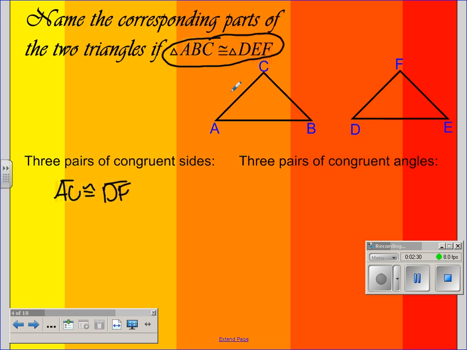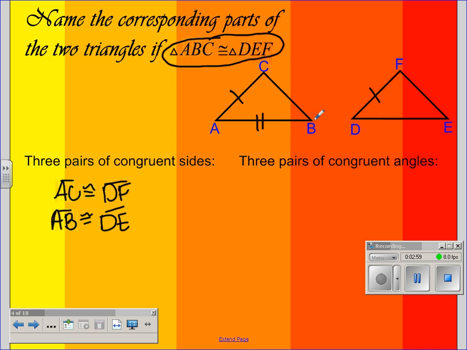You could even coordinate them with markings, with tick marks. That works lovely. Also notice that AC is the first letter, third letter, so you can do the same thing even if you didn't have the picture. So we could say DF, and that would coordinate. Next, AB, figure out what it would match with. AB is going to match with DE. Look above: AB, 1, 2; DE, 1, 2.